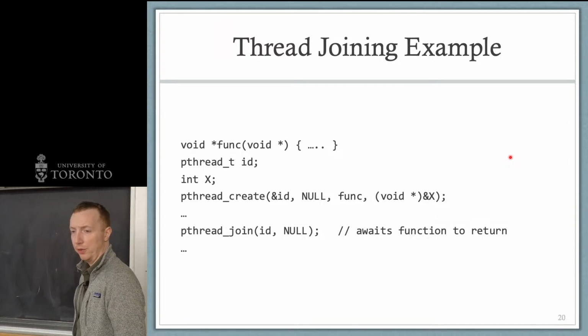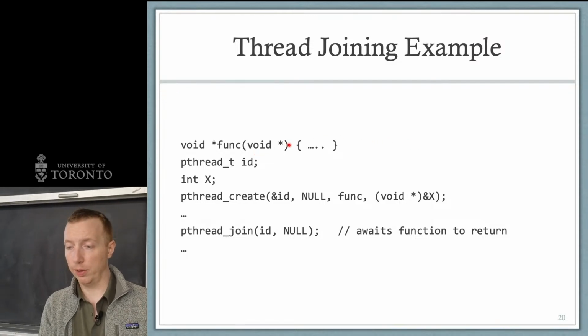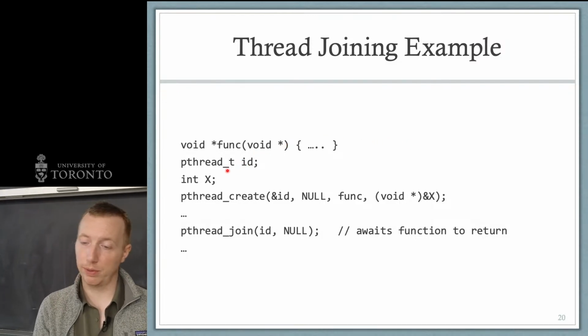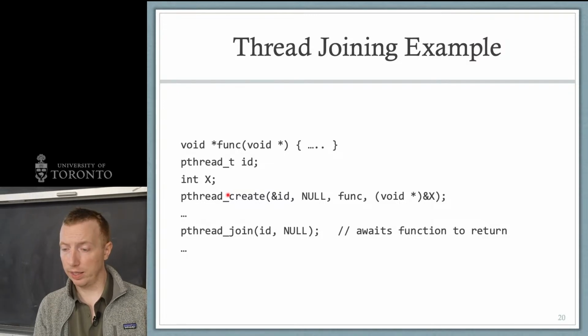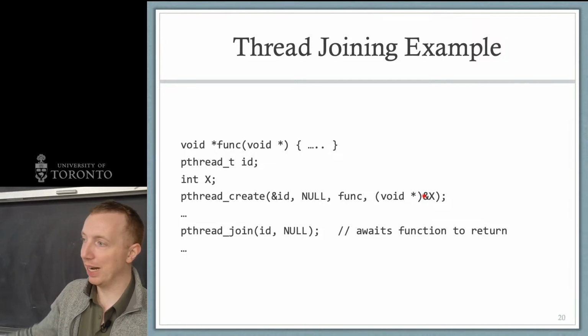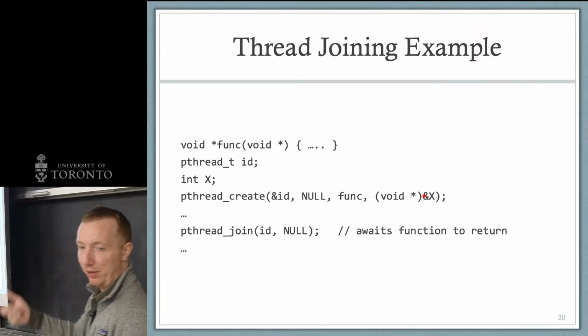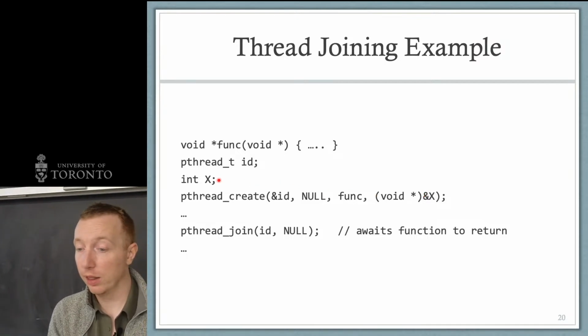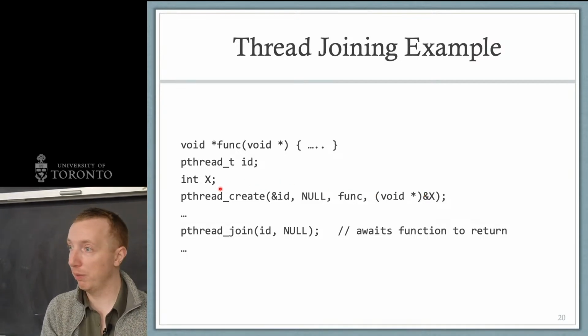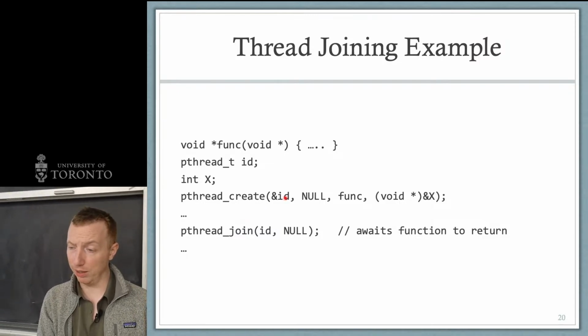So if we want to join threads, this is what it will look like. We have a function to run. We create a thread. Here we give the address of our stack location, but this one's okay because we know that this variable lives longer than the thread, since we join it after. So this is one of those rare cases where it is okay.